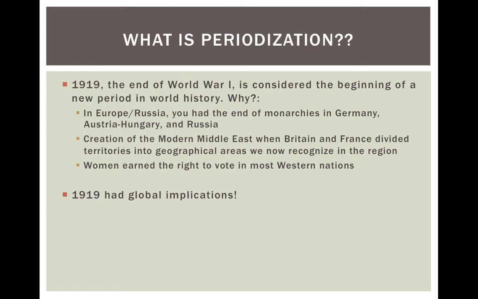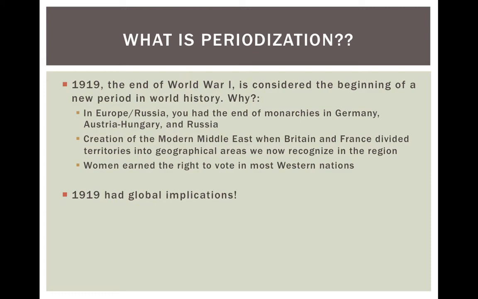In the West, following World War I, women earned the right to vote in most Western nations. These are just 3 examples, but we can see that in 1919, the end of this massive war did have far-reaching global implications.